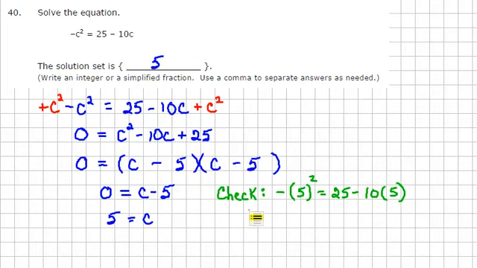So notice that wherever we had a c in the original equation, we've replaced it with the number 5. So minus c squared is equal to 25 minus 10 times c.